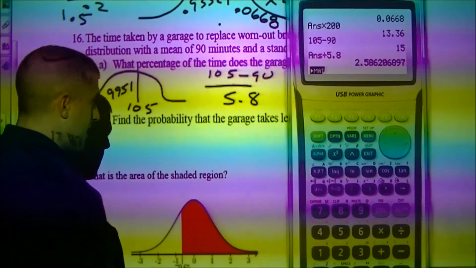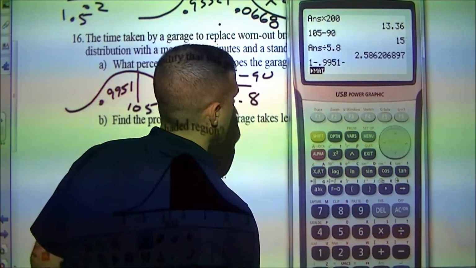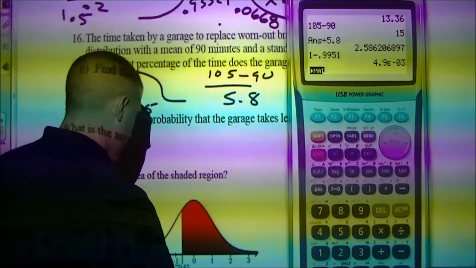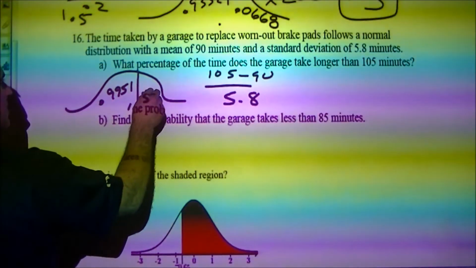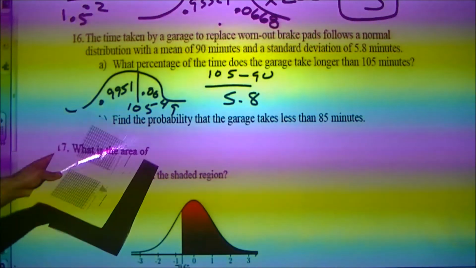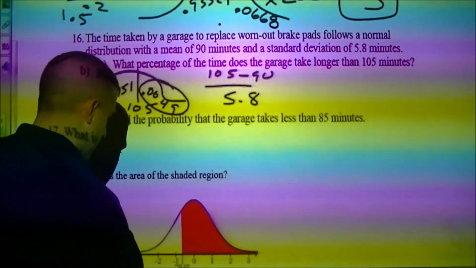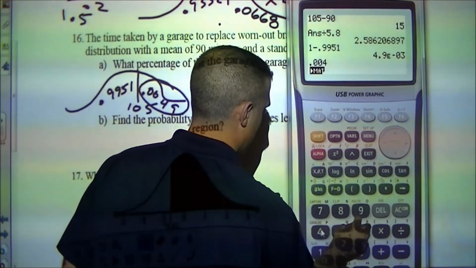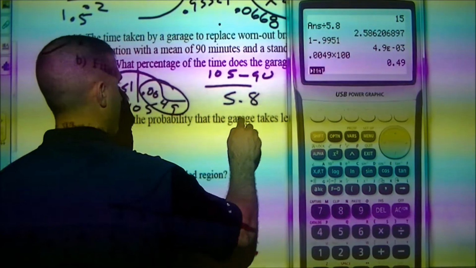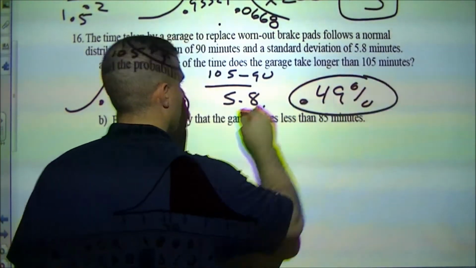For the other side, it's 1 minus 0.9951, which gives me 0.0049. What percentage takes longer than that? That's this side, so 0.0049 times 100 gives me 0.49%. That is the percentage.